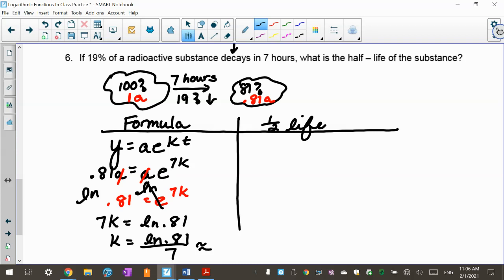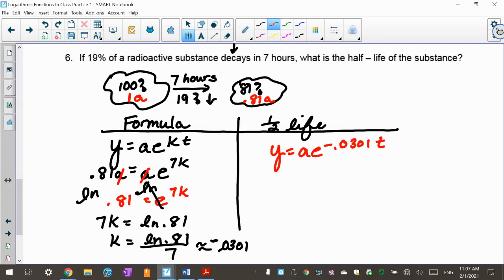And when I do, I get 0.0301. And it's going to be negative. So now my formula is y equals A e to the negative 0.0301t. That's why you heard me hesitate, because I knew it was negative and I didn't see it right off the bat on my calculator. Because if it's decaying, k has to be negative.